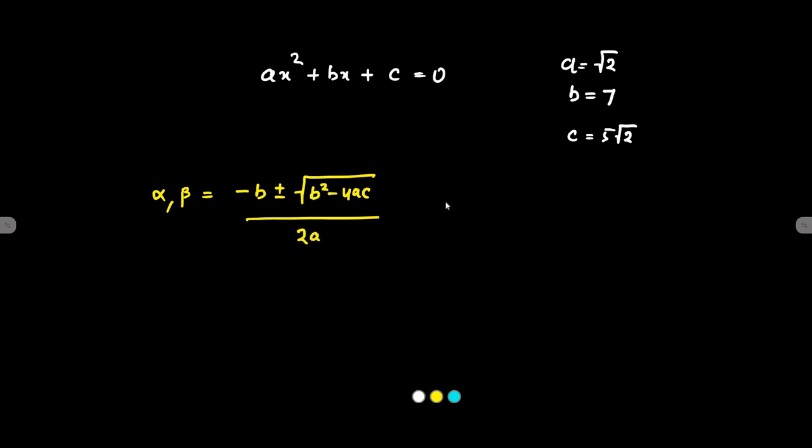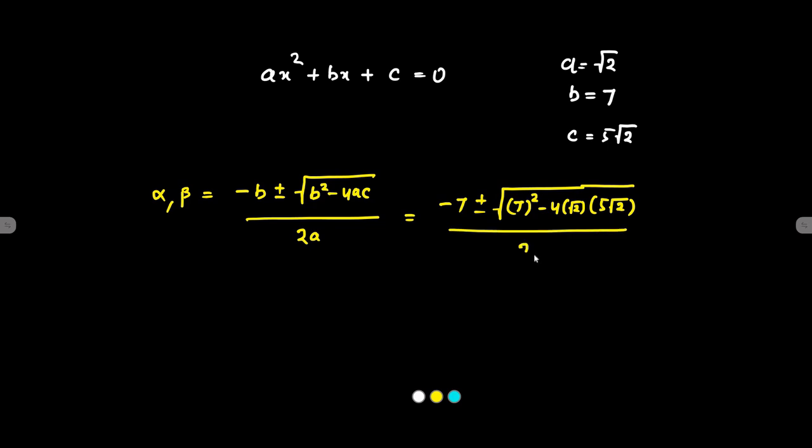So it is equal to minus b, that is minus 7, plus minus root over of b square, that is 7 square, minus 4ac, 4 into root 2 into 5 root 2, by 2a equal to 2 root 2.